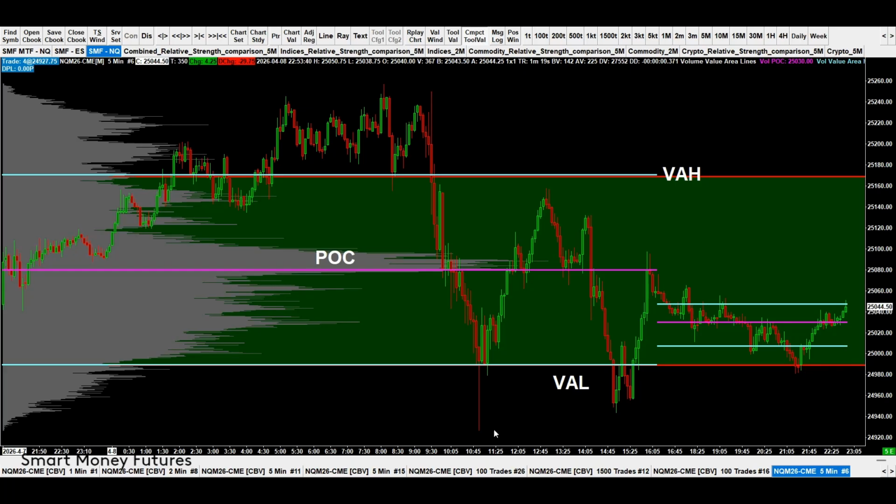This gives you a framework for thinking in terms of location. Above VAH, the market is outside the upper edge of value. Below VAL, the market is outside the lower edge. Near the POC, the market is near the area of greatest agreement. This changes how you think about trade quality.